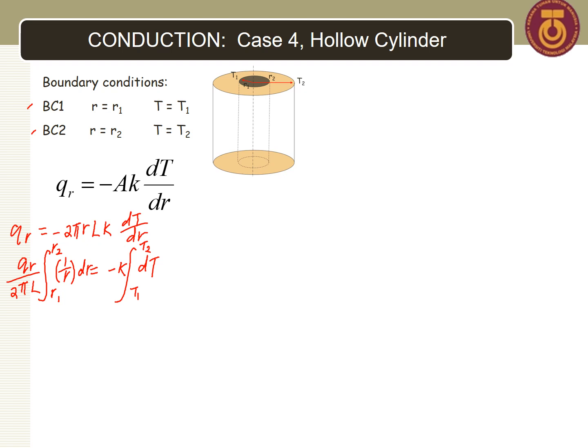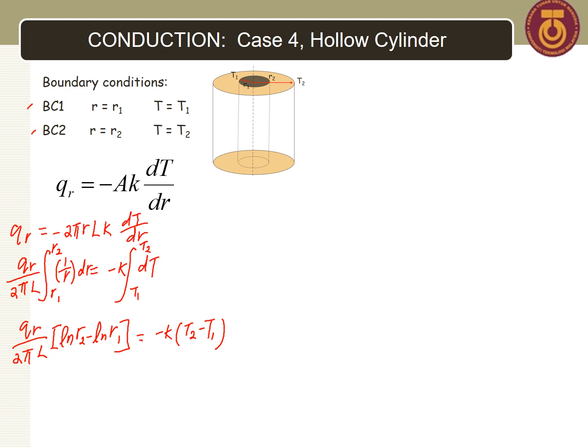This is what we get: Q(r) divided by 2 pi L, then inside the bracket we have ln R2 minus ln R1, equals negative K, T2 minus T1.